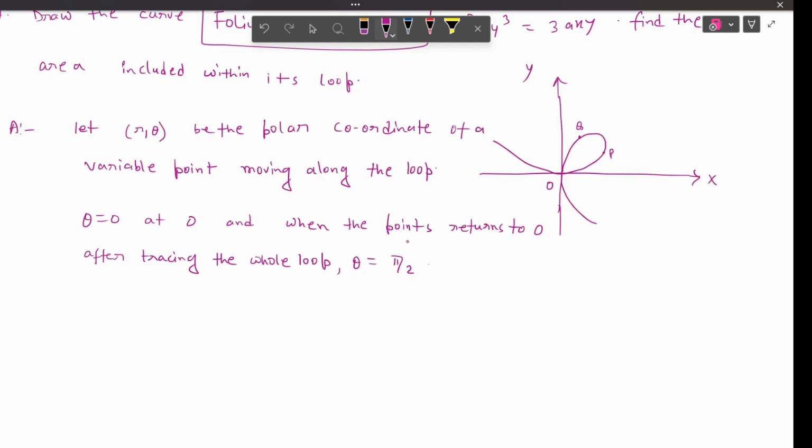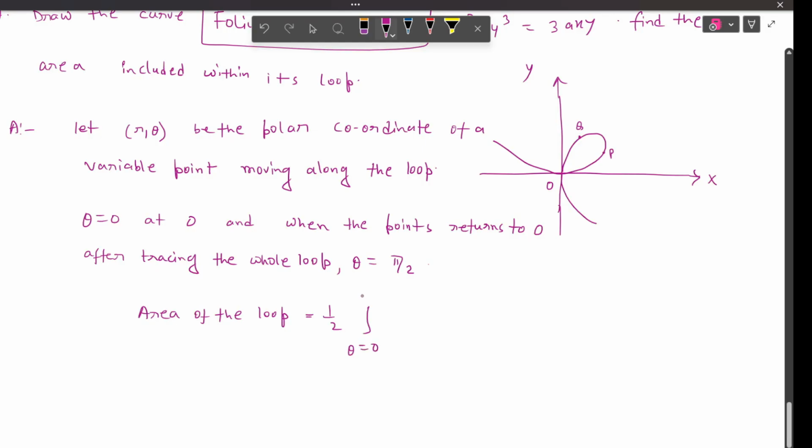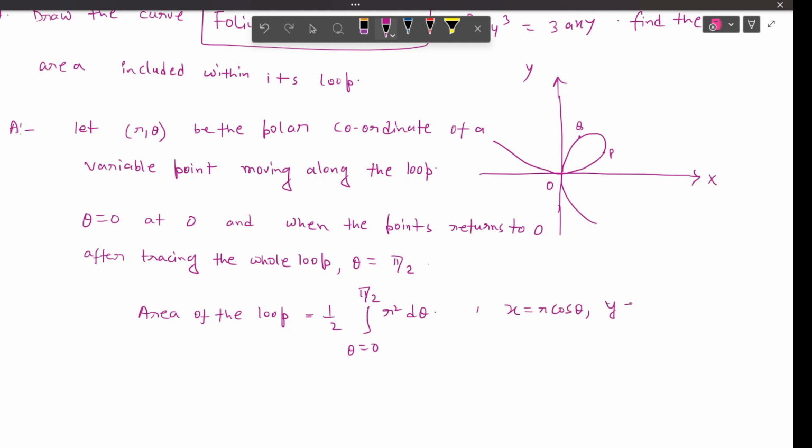Okay. Now area of the loop will be half of integration theta 0 to pi by 2 r square d theta, where remember x is r cos theta and y is r sin theta. Okay.